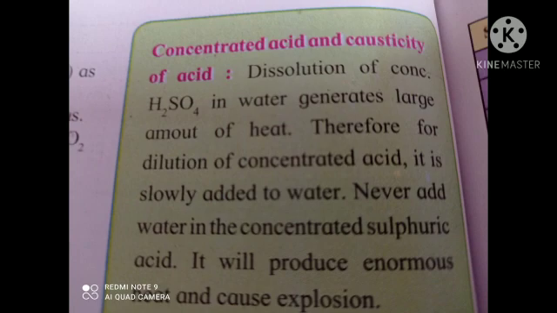It will produce heat and cause an explosion. Alkalis like sodium hydroxide and potassium hydroxide are strong and basic in nature. Their concentrated solution burns skin as it decomposes the protein in the skin.